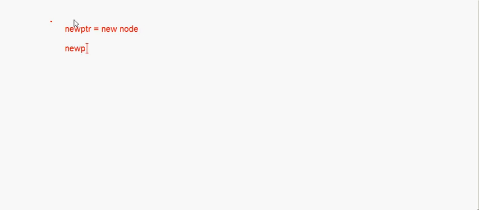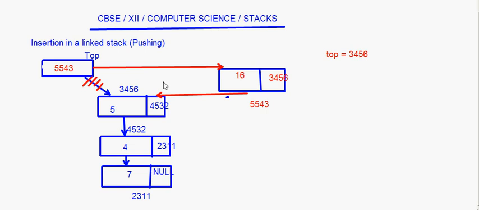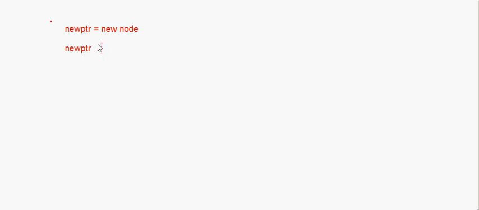Now this new PTR will have two things. One is your info part, and this is the next pointer or something like that. You can give any name you want; I put it as next. Now new PTR info is equal to item, and this is the new node that you're making.